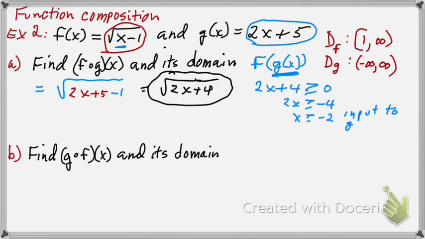If I send in anything bigger than negative 2 to G, am I still okay in F? For instance, if I send a negative 1 to G, then in the blue circle I'd have 2 times negative 1, which is negative 2, plus 5, which is positive 3. If I send a positive 3 into F, the red circle, I'd have 3 take away 1, that's the square root of 2, that's good.